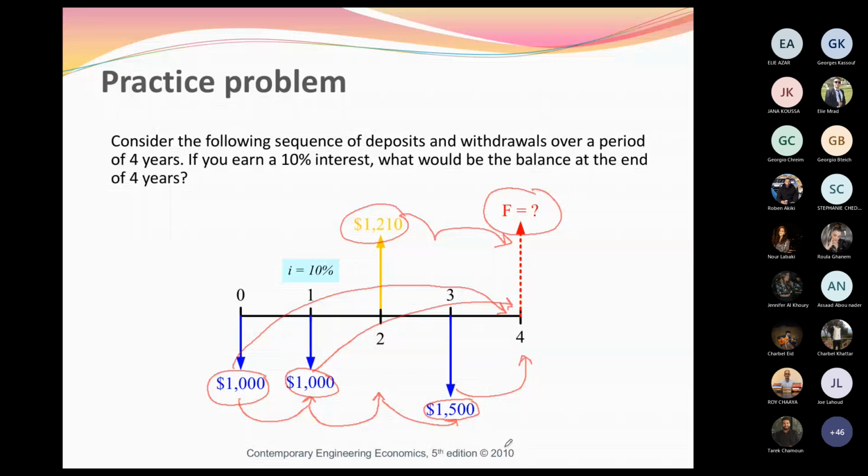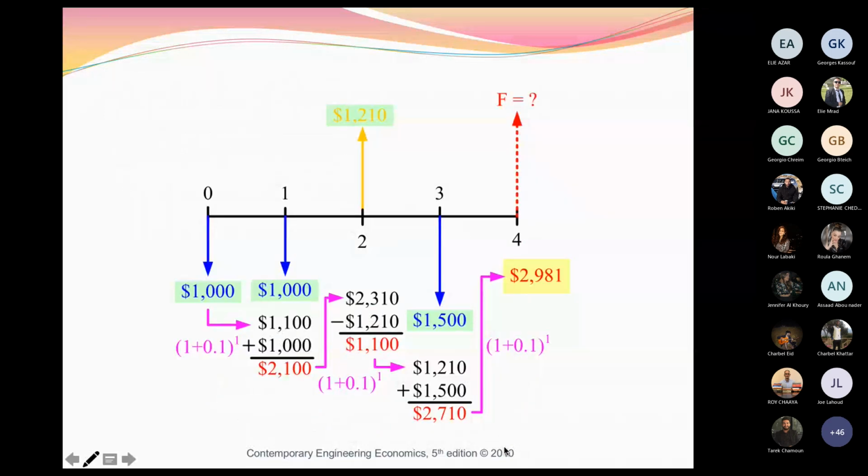So there are 2 methods to do this. If you want to go step by step, this was what they did in the slides. You could have chosen to go directly to end of year 4 for each transaction and add or subtract depending on whether it was a deposit or withdrawal. Is it clear?